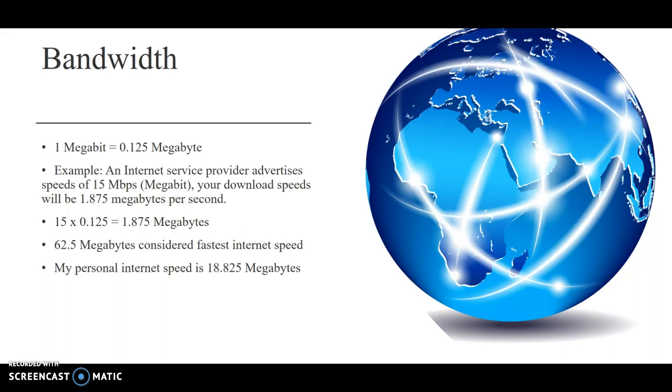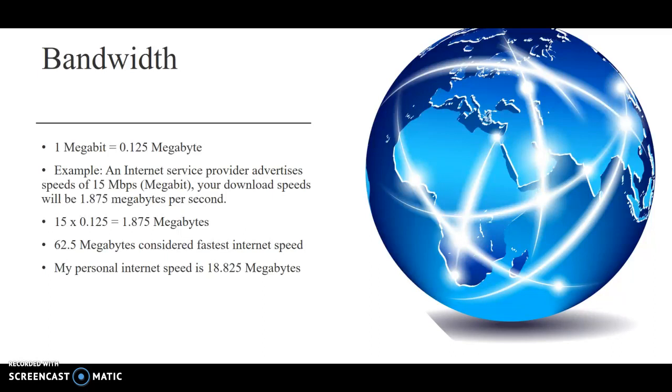What bandwidth is measured in is megabits, ultimately megabytes. So 1 megabit equals 0.125 megabytes. So let's say that your internet service provider advertises speeds of 15 megabits. Your download speeds will be 1.875 megabytes per second.